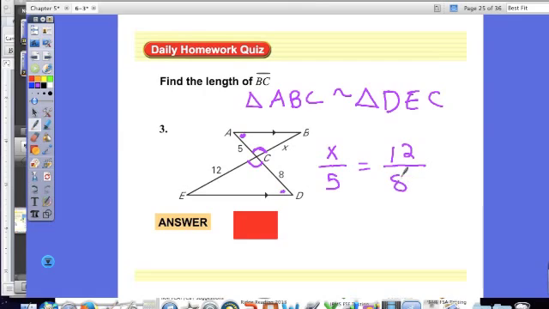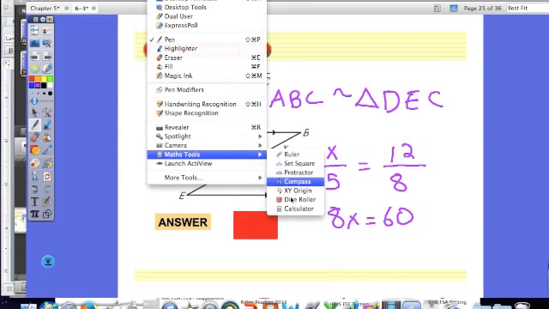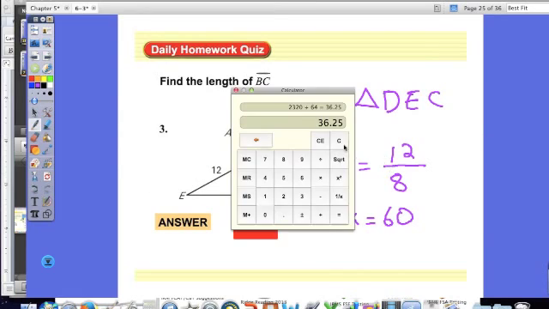So 8x equals 60. So 60 divided by 8 is going to be 7.5.